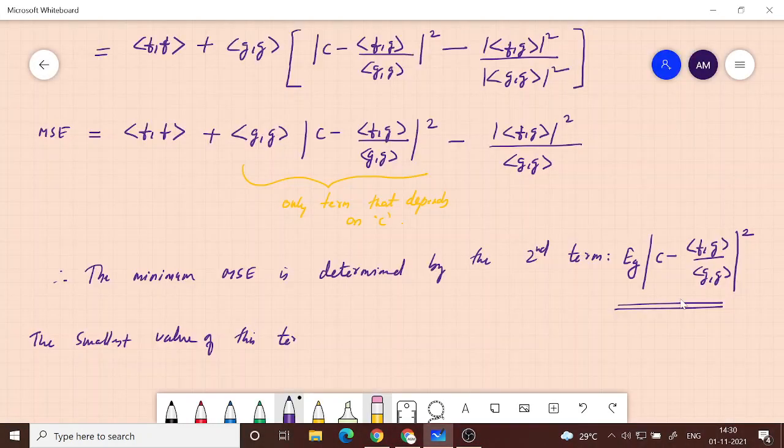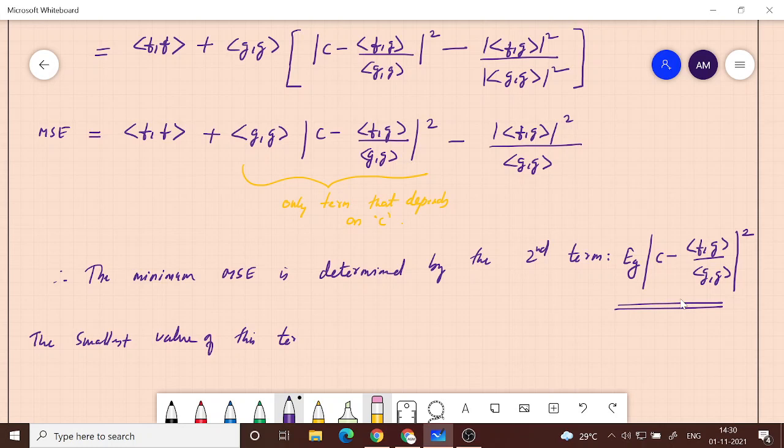Can anybody tell me what is the smallest value possible for this particular term, the second term here? We have a positive number, and what is the smallest value of a positive number?